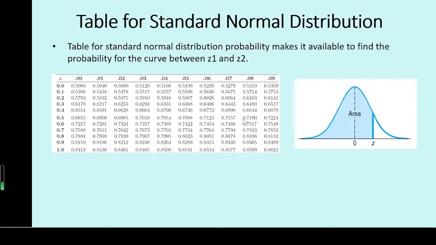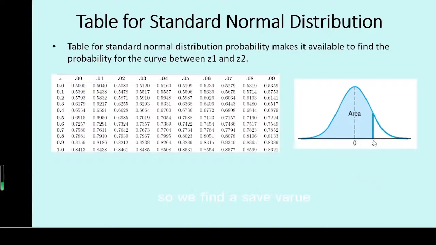This one, the value is 0.7190. What does this mean? This means the cumulative probability up to this Z value in the normal density curve. This is the normal density curve for the Z value, a standard normal distribution with mean 0 and standard deviation 1.